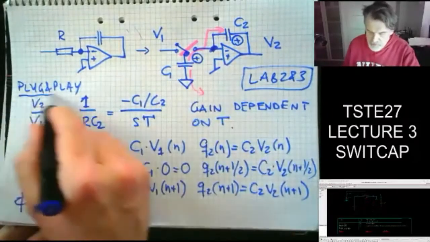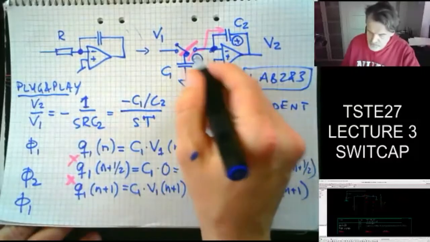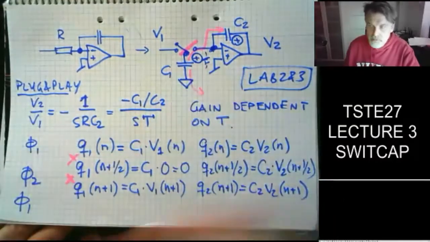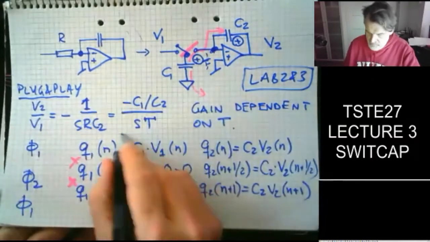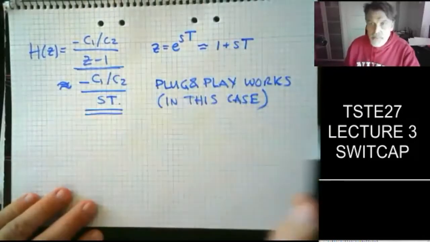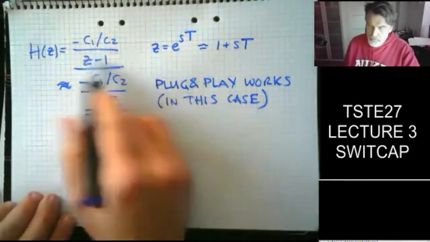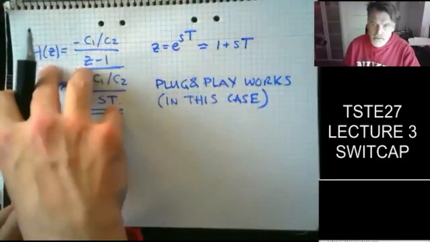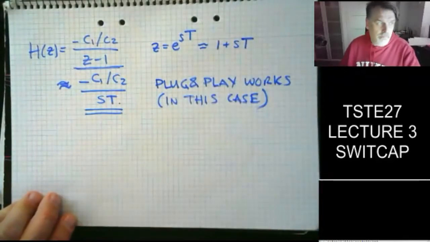If we can observe that there is no C2 connecting here to my C1 and destroying that transfer function, then we can do a quite simple plug and play like this and land at the same type of transfer function with a discrete time implementation. So no resistor and quite easy mapping from an analog template to a discrete time implementation, I should say.